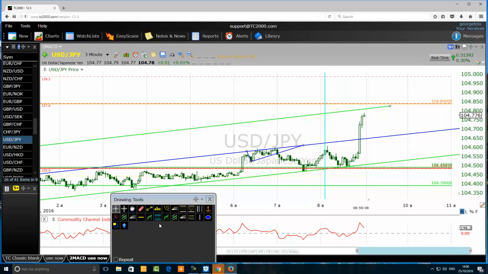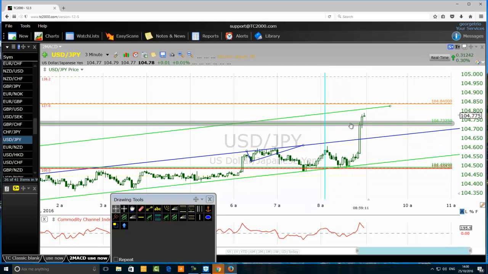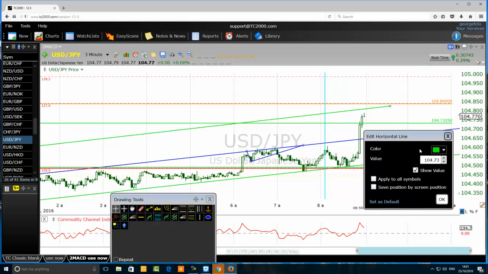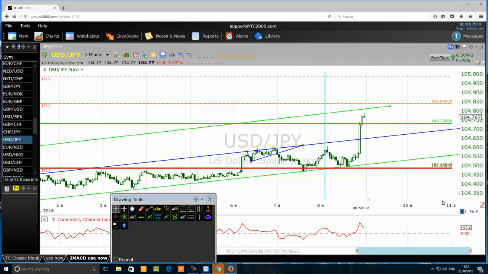The price is now at 104.77. What I'm going to do, my friend, is move my stop loss up to secure my gains, and I'll leave it at 104.73, to secure that profit.